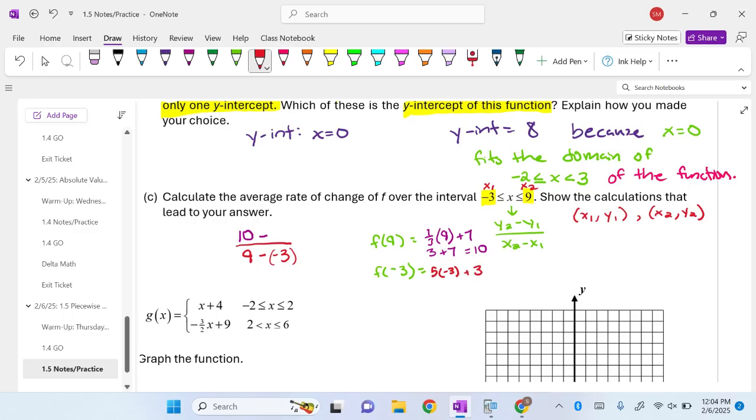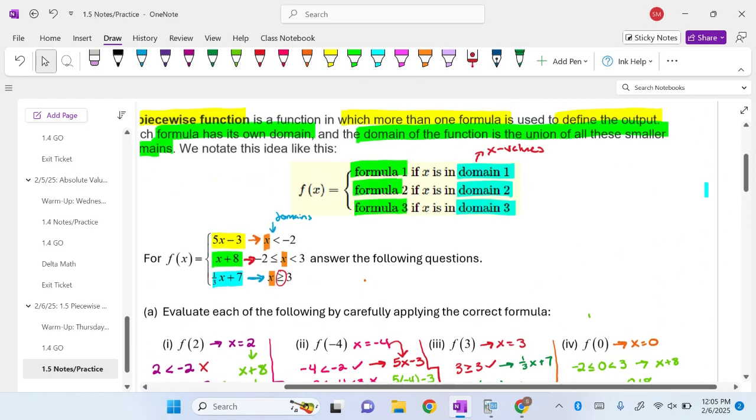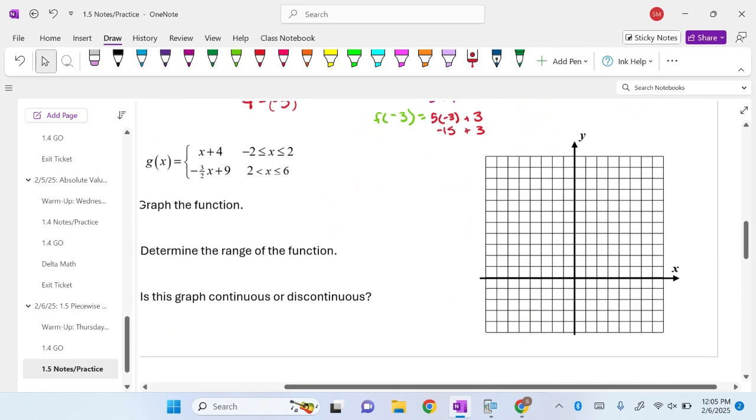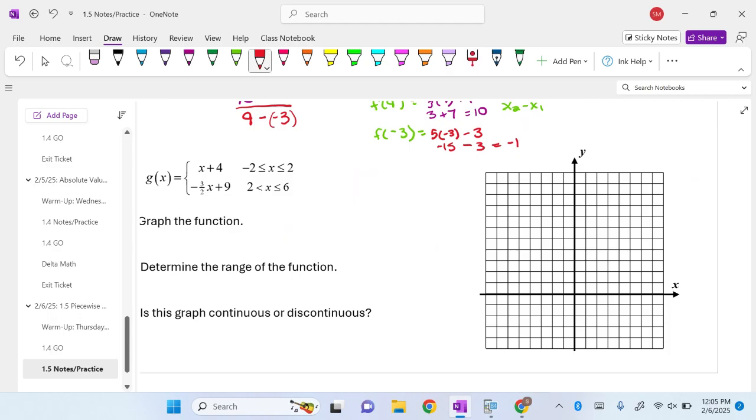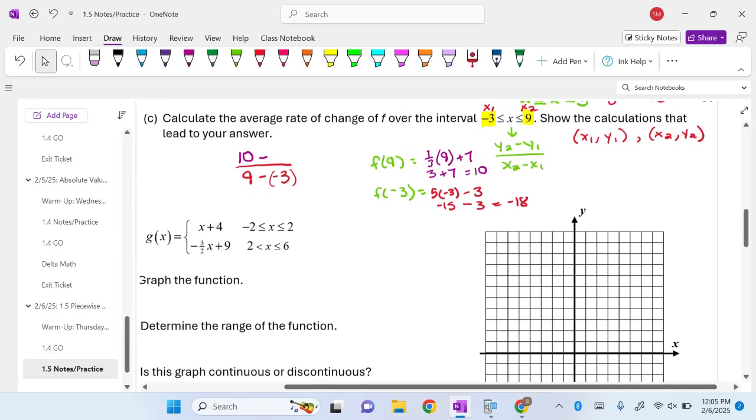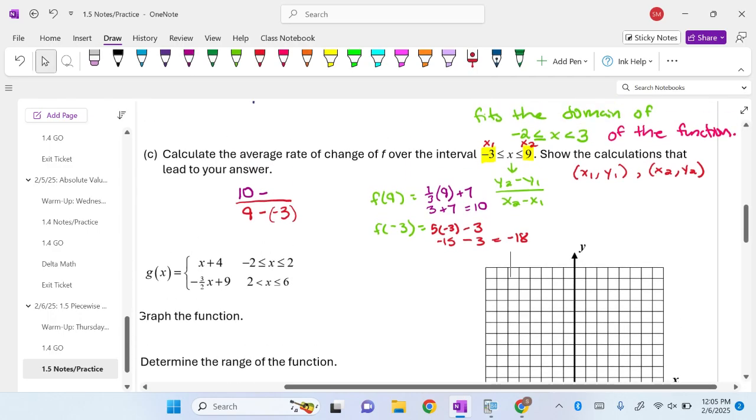Plus 3. Okay. So this would be -15 plus 3. Say it one more time. Oh, minus 3. So this would be equal to -18. So then we would have -18 up here.